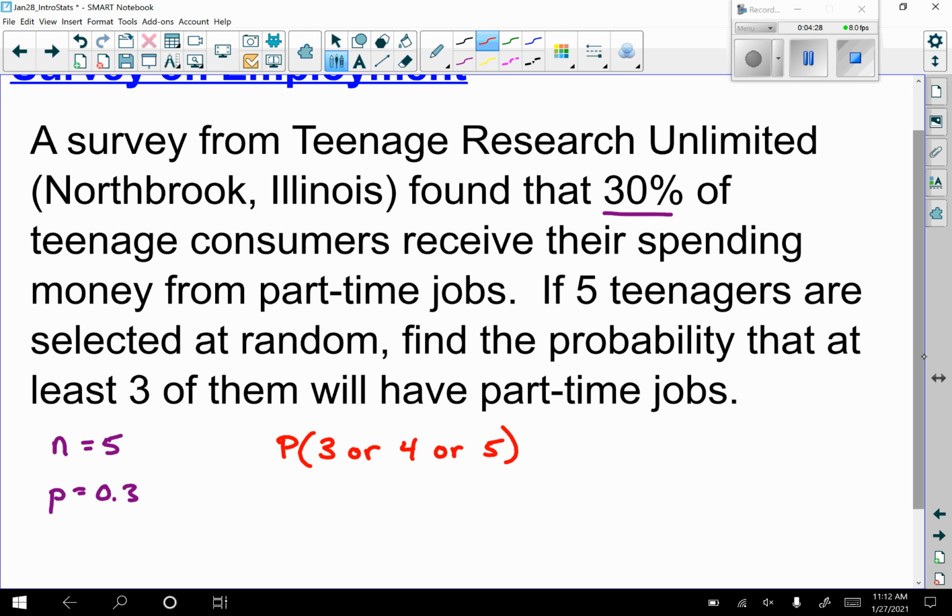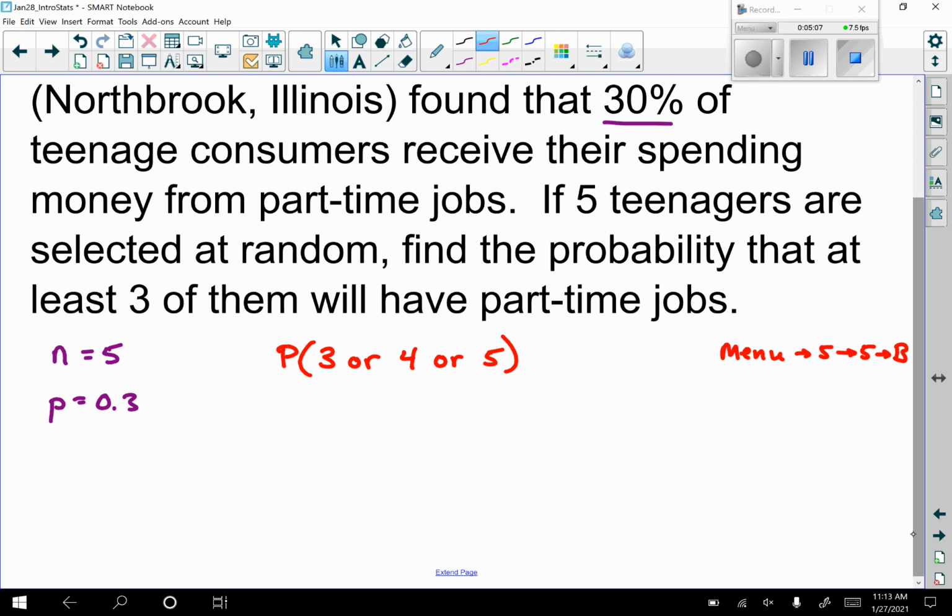On our calculator, I want you guys to go to a calculator page, go to menu 5, 5, and then we want to scroll down not to A, but to B. So we want to go to menu 5, 5, B. And then you should get a box that says the number of trials, n, so that's going to be 5.